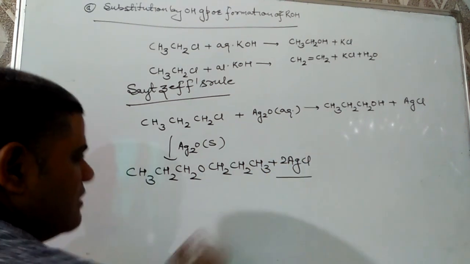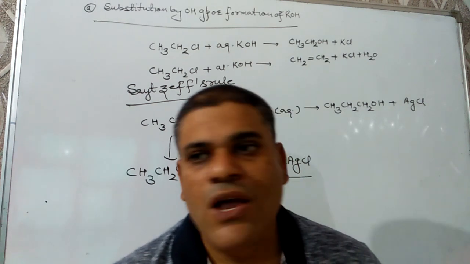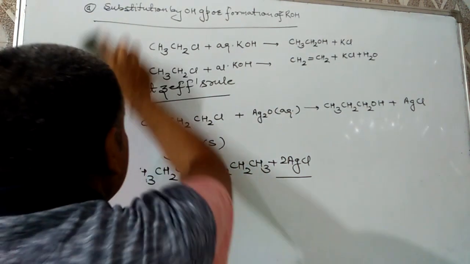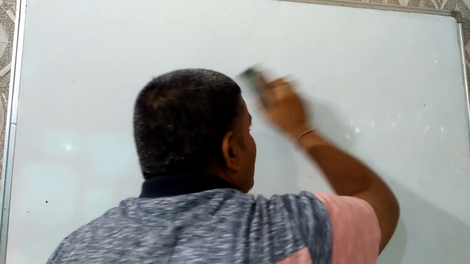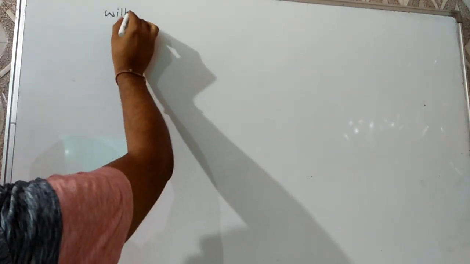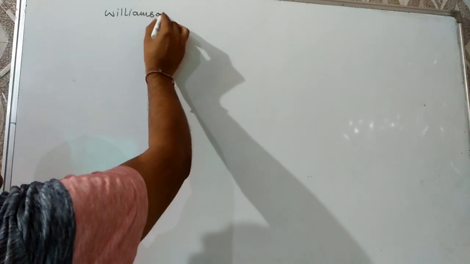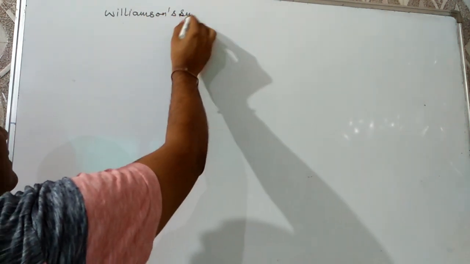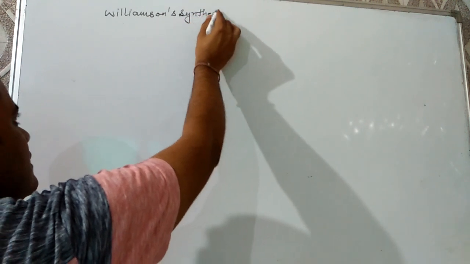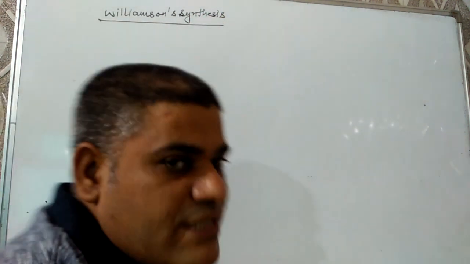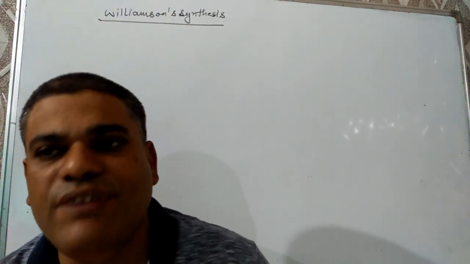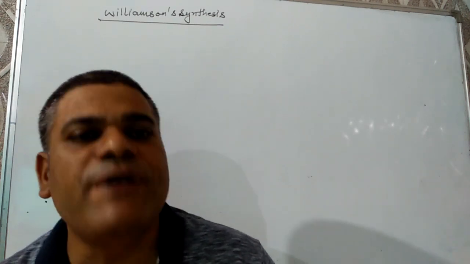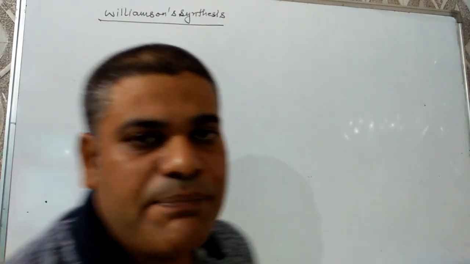Next is substitution by alkoxy group or formation of ethers, and the reaction is known as Williamson synthesis, a very important one. In Williamson synthesis, when haloalkanes react with sodium alkoxide or sodium phenoxide, we will get ether as a product.